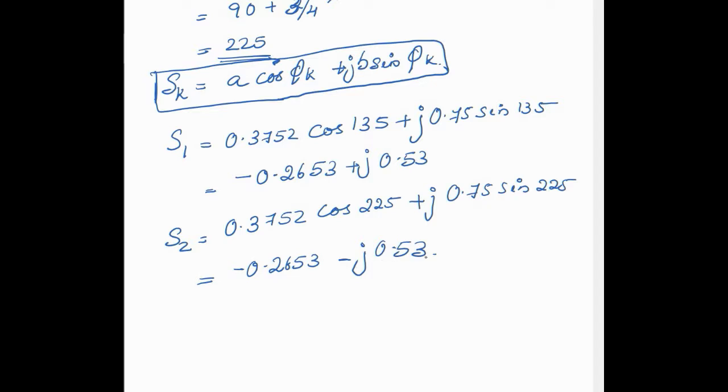Okay, now you are going to group this together. So that means you are getting the analog term, H of s is equal to s plus the real part 0.2653 the whole square, plus the imaginary part, j square means minus 1, so it will be plus 0.53 the whole square.